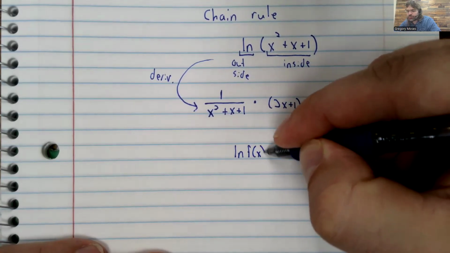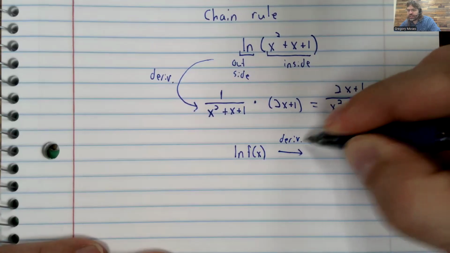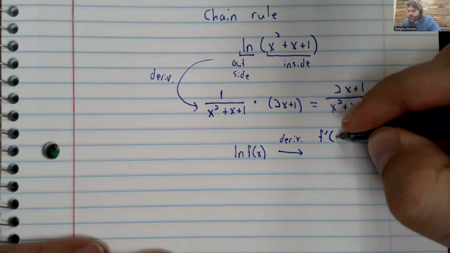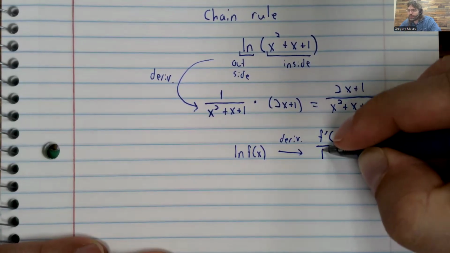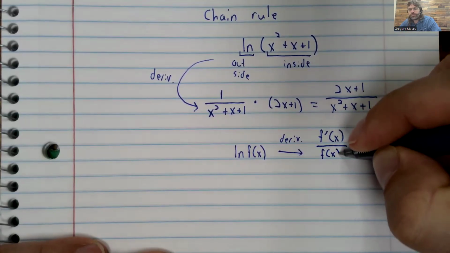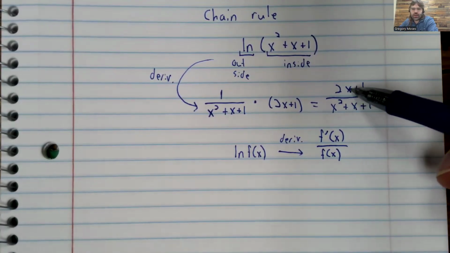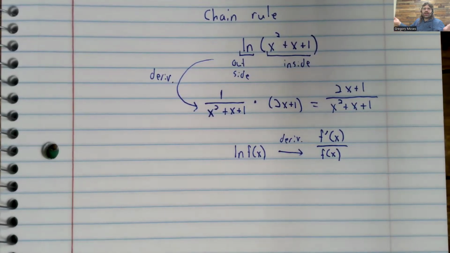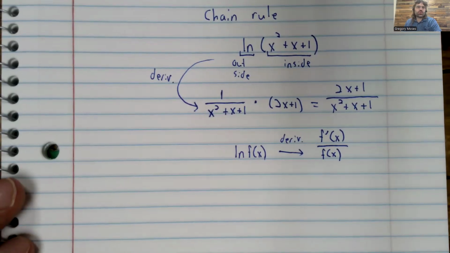If we've got the natural log of a function and we want its derivative, it's always going to end up being a fraction that looks like this: the derivative up top, the original function down below. That's just what we got here. You can memorize that or not. You can just use the chain rule to get the same result.